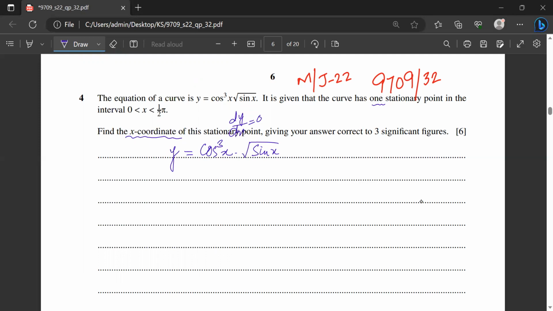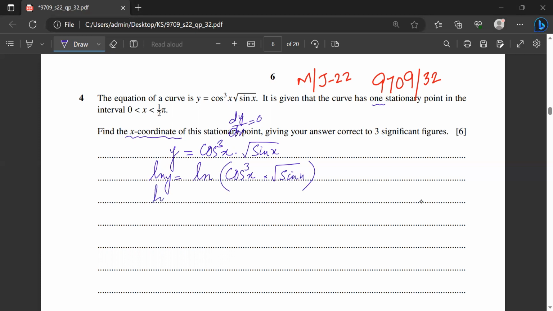This is a special technique. The product rule is one method; the alternative is to take log on both sides and make an implicit equation. So taking natural log, ln y equals ln of cos cubed x times the square root of sine x.